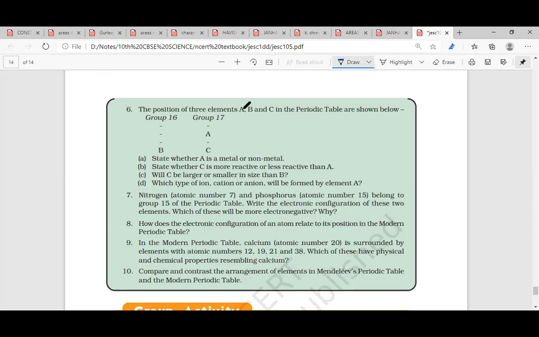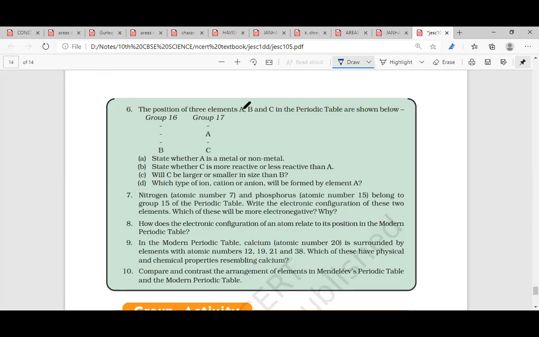Will C be larger or smaller in size than B? B and C, are they in the same group or same period?